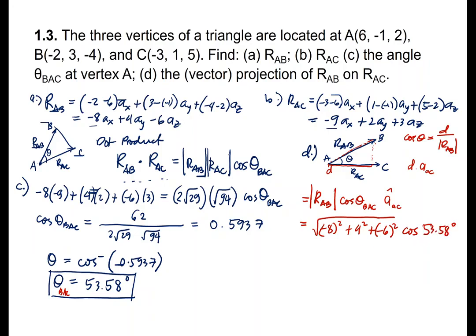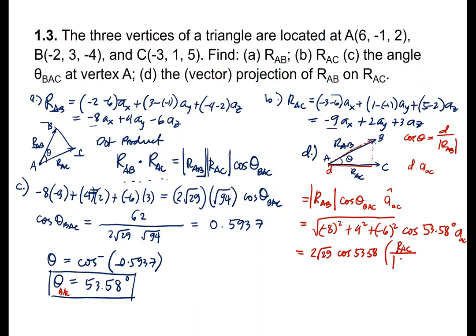The unit vector AC is simply, we solve this one first. We write AC here. This is the square root of 8 squared, 4 squared plus 6 squared, which is 2 square root of 29, and then cosine 53.58 times the unit vector AC. To get unit vector AC, simply divide the vector RAC by its magnitude.